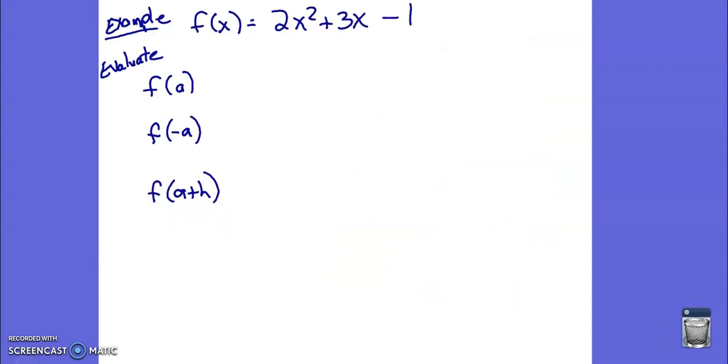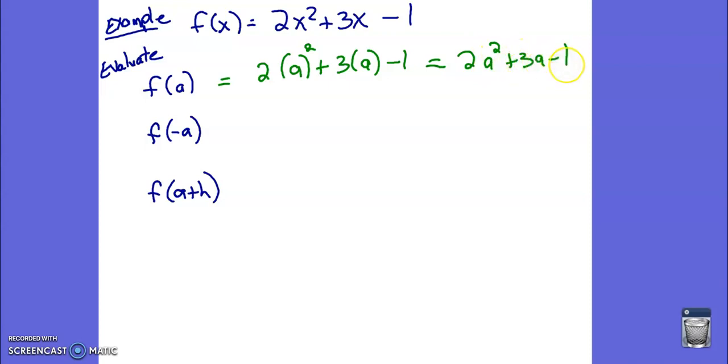All right, so if I wanted to evaluate these problems right here, notice I'm not substituting numbers in, but on here I'm substituting in anything. Remember, your input is anything you can put in. So here, if I substituted A, I would literally put A, exchange the X's for A's. So this actually becomes 2a squared plus 3a minus 1. That's it.